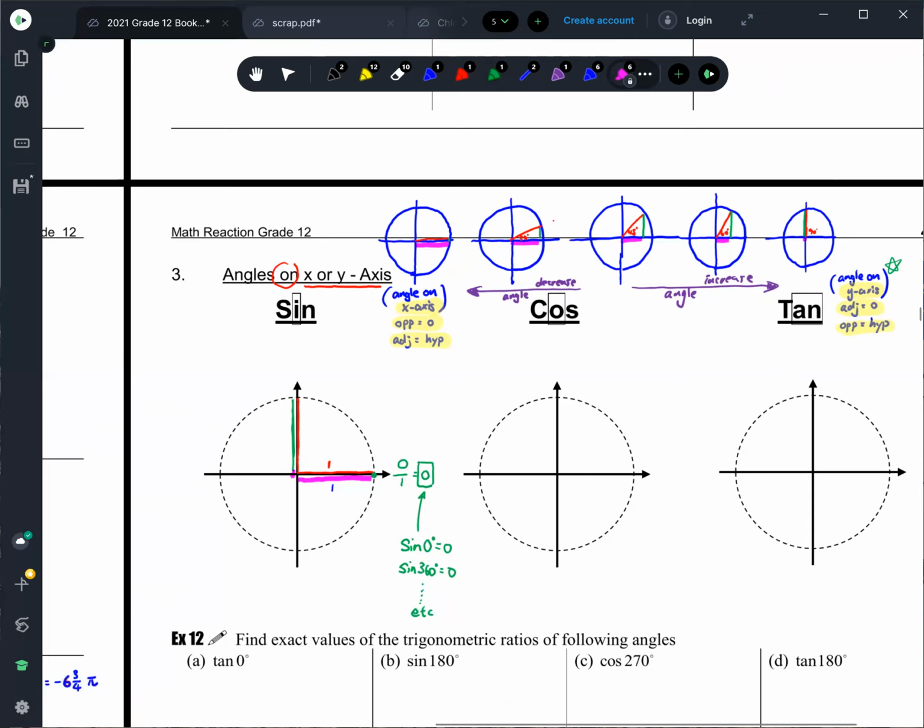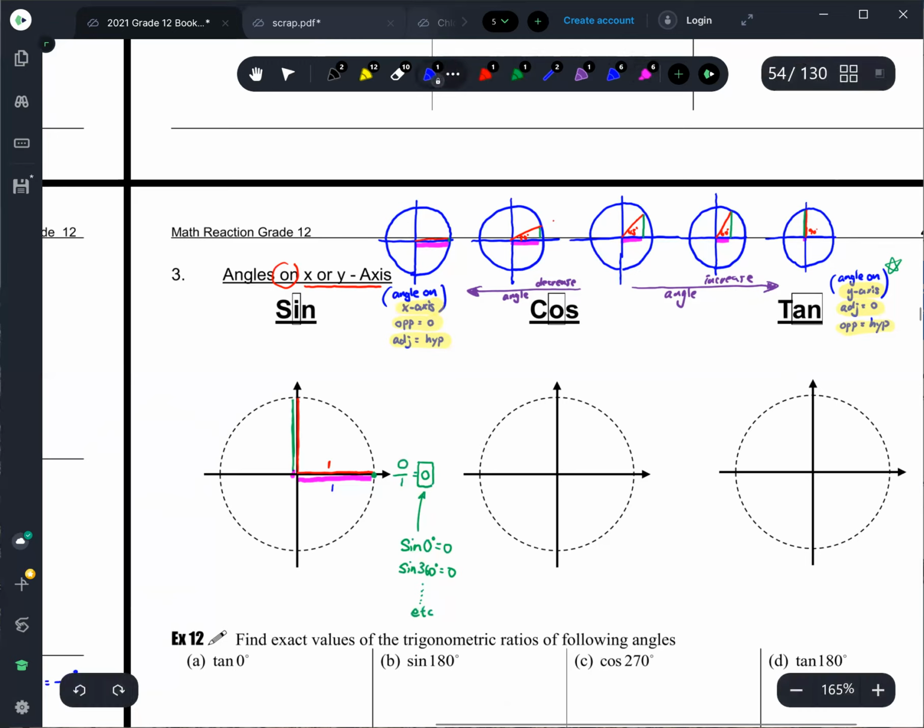Okay, so we are still doing sine, right? Sine is opposite over hypotenuse, but opposite and hypotenuse are the same. If they are the same, when you divide them, it will just be 1 over 1, so this one will be 1.